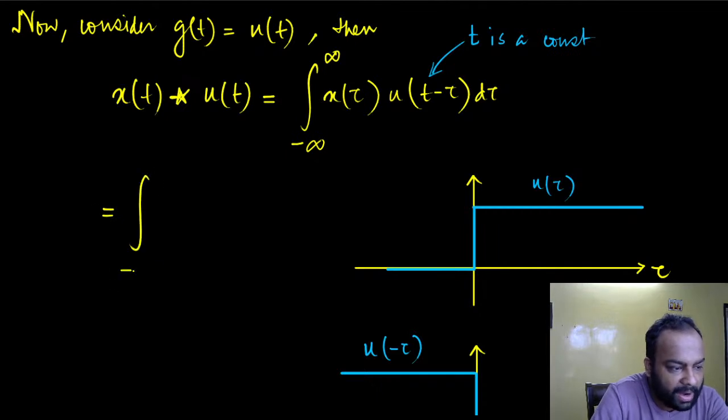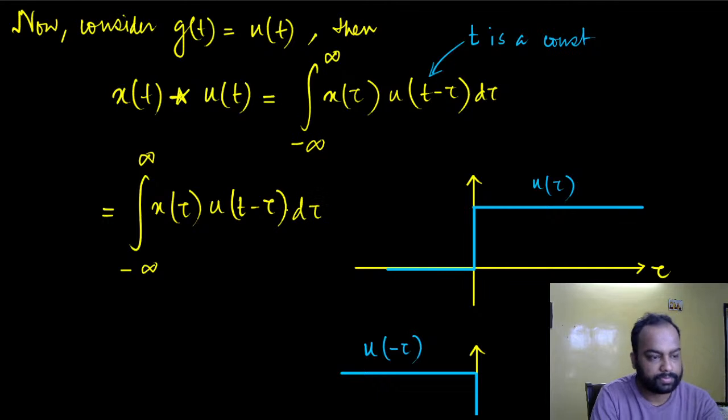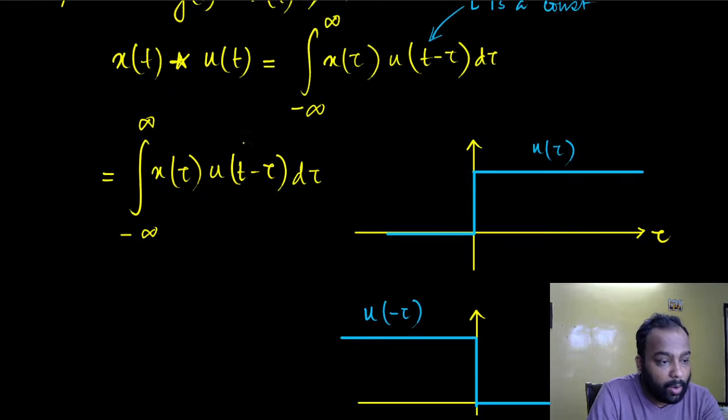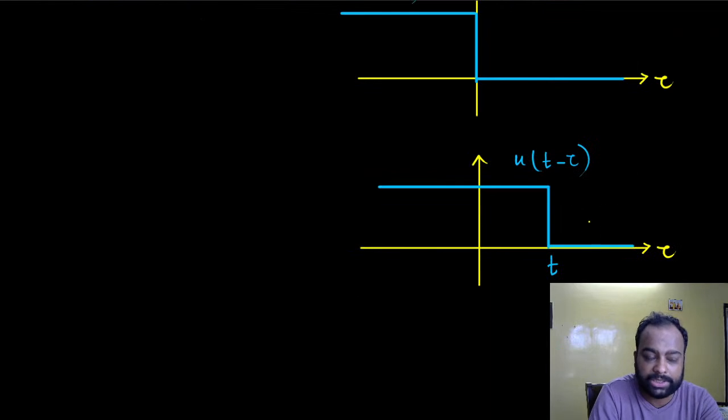This integration was from minus infinity to infinity, and this was x(τ) u(t − τ) dτ. And look at the limits. Limits are from minus infinity to positive infinity. Now what about u(t − τ)? We have just seen this signal.